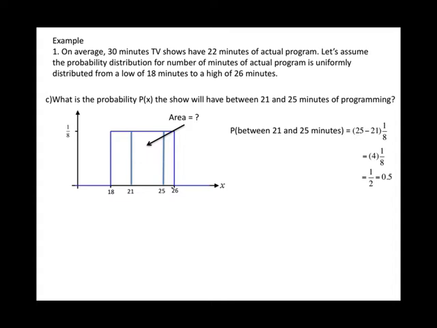So this is the example for uniform distribution. One more time, every time you see uniform distribution or uniformly distributed, think about this picture. You need to figure out the starting value, the ending value, and also the height of the rectangle. And one more thing, the total area under the curve has to be equal to 1.